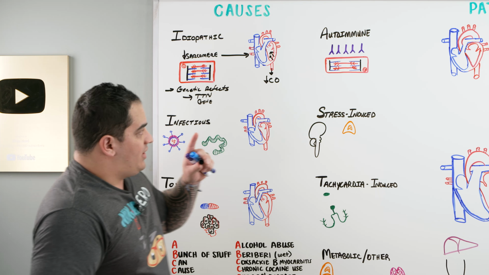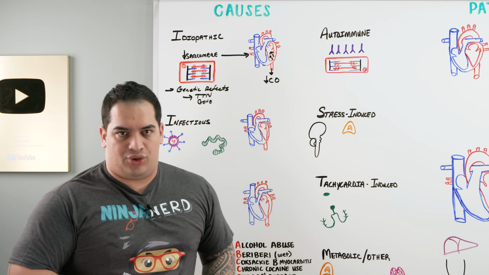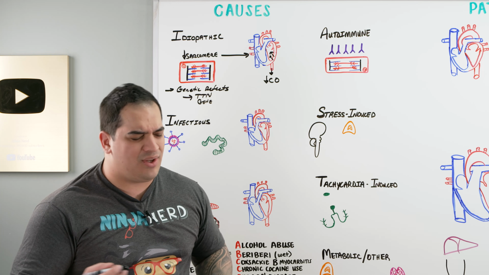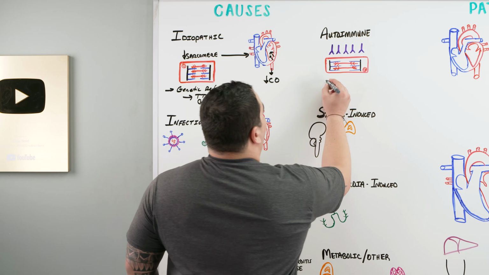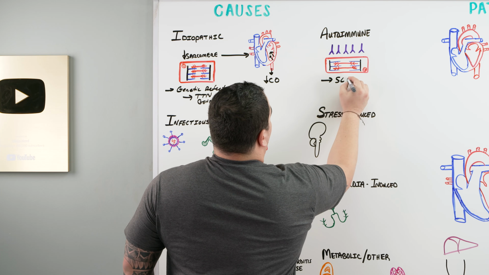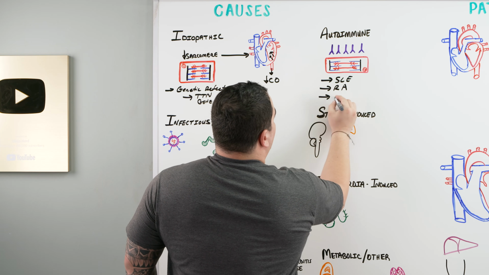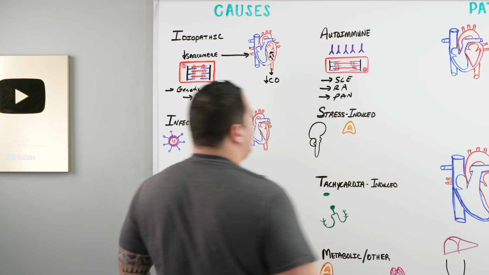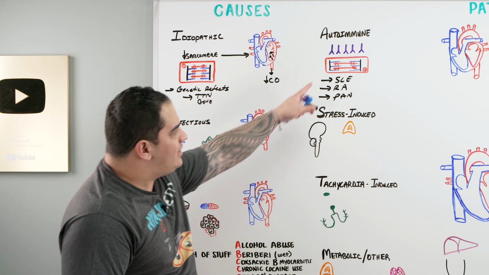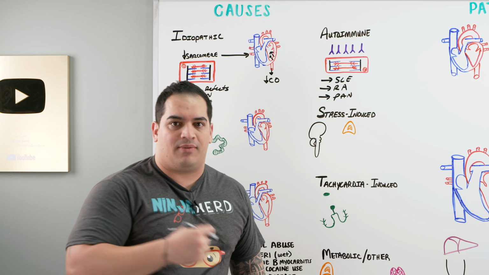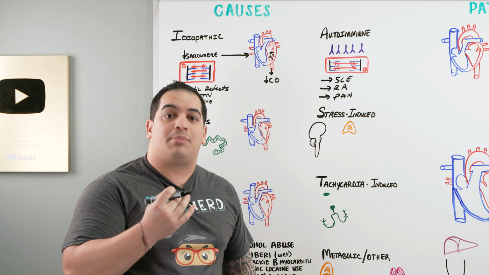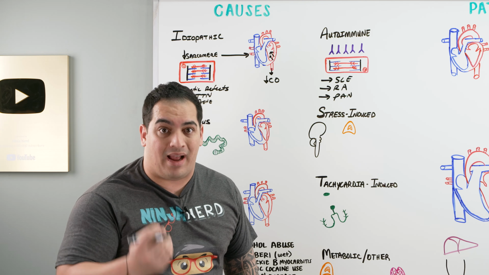The next thing I want you to think about is, could there be an autoimmune relationship? So autoimmune causes could be things such as SLE, systemic lupus erythematosus, rheumatoid arthritis, and sometimes even polyarteritis nodosa. What may happen in this situation is that you develop certain types of autoantibodies that cause destruction of the myocytes.